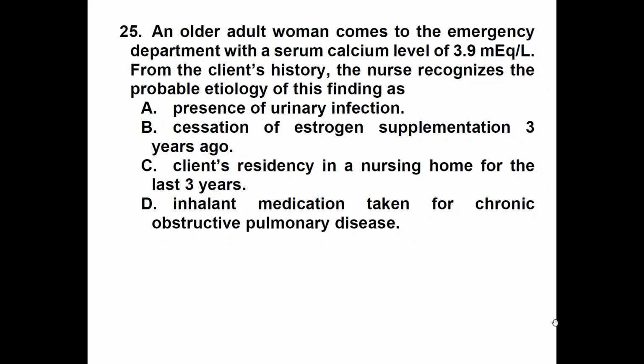For 25, the answer is letter C. So hypocalcemia can be caused by lack of exposure to sunlight and long periods of confinement in homes or prisons, and disorders that interfere with absorption of vitamin D. So the best answer for number 25 is letter D.